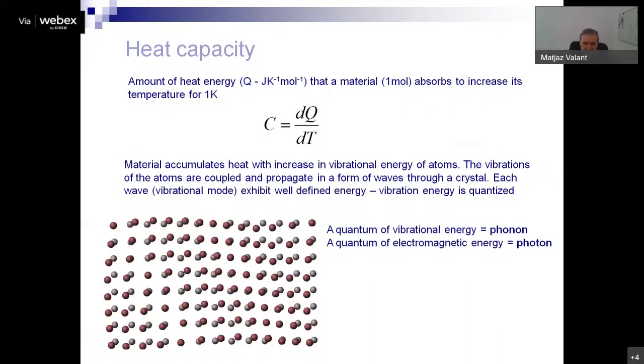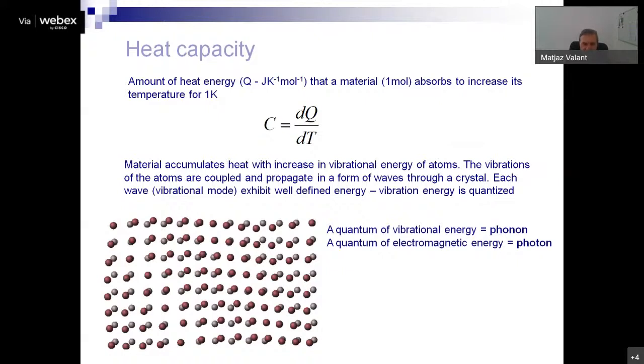We must know that atoms in every solid vibrate all the time. They oscillate in many different ways. But these ways are not chaotic or hectic; they are coupled, organized in particular modes. And these waves can couple together and propagate through the material. So they form so-called vibrational modes, and these vibrational modes can be of different frequencies.